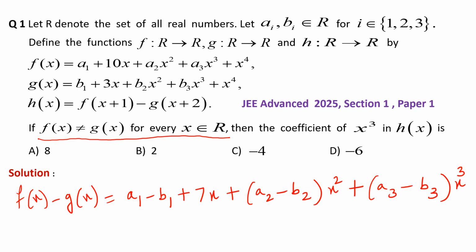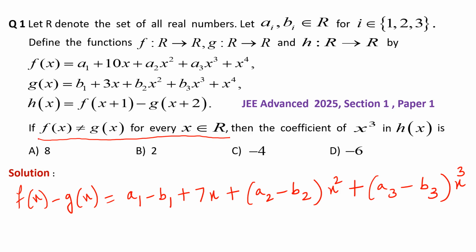Now students, the function f of x minus g of x is a cubic polynomial. So that means the equation f of x minus g of x equal to 0 will become a cubic equation. And we know that every odd degree polynomial equation with real coefficients must have at least one real root. But according to the given statement, this equation does not have any real root. Now this is possible only when this becomes a quadratic equation.